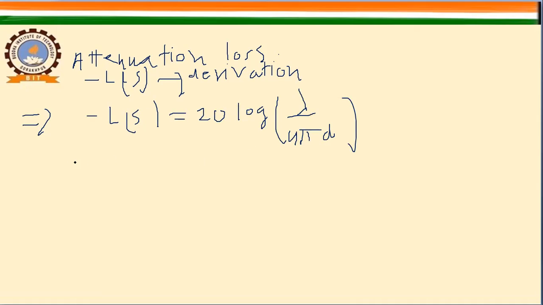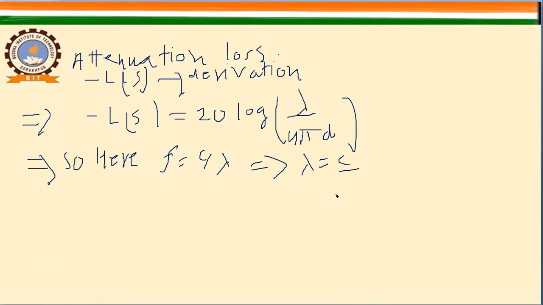Okay, so here f is c by lambda, or you can say lambda is c by f, that is 3 into 10 to the power 8, the speed of light, meter per second.